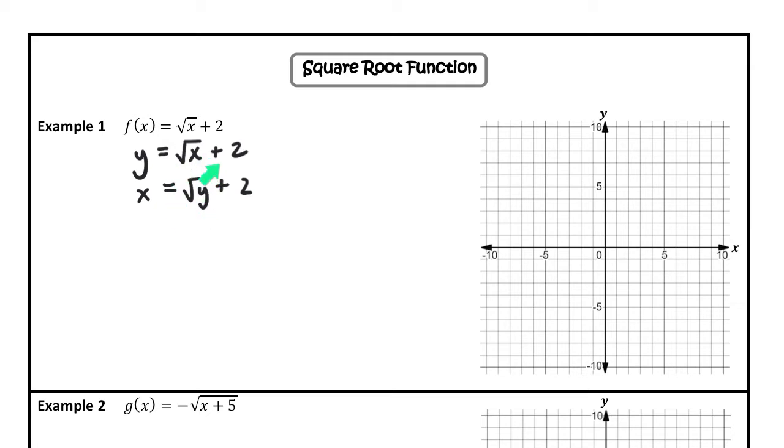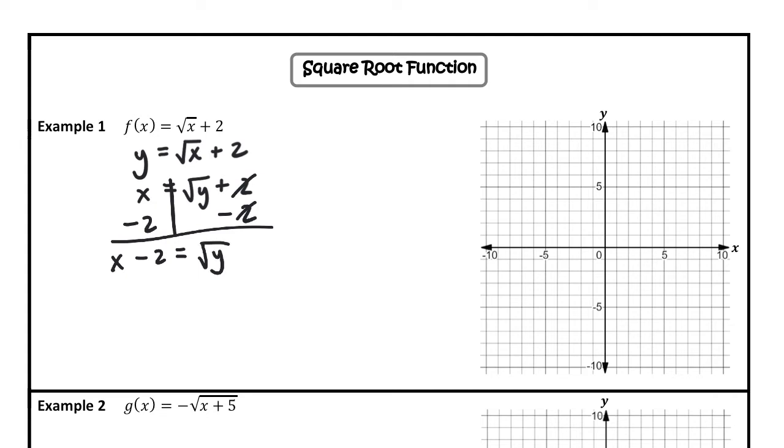So I want to get the square root and the y by itself. So I want to get rid of the plus 2. So I'm going to subtract 2 on both sides. The x and the 2 can't subtract, so I'm just going to bring them down. These 2's will cancel, and I'm going to be left with the square root of y.